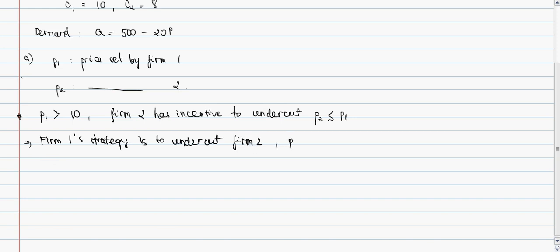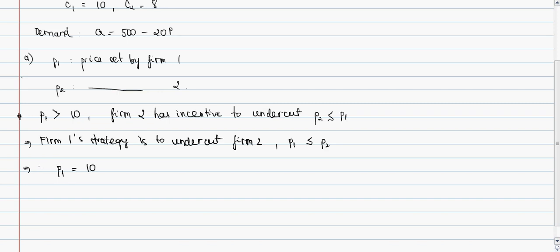They will set P1 a little bit smaller than P2, whatever price firm 2 was setting before. Now they will keep doing that. Firm 2 will again try to undercut firm 1 in order to capture the whole market. They will keep doing that up to the point where the price P1 is equal to 10.